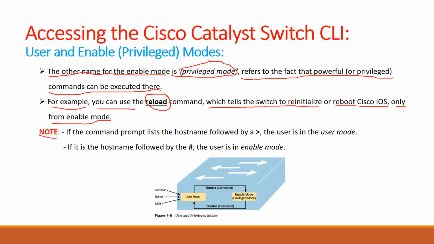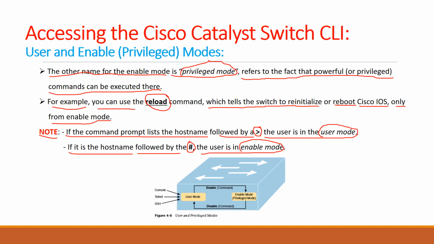There is a note here. If the command prompt lists the host name followed by the greater than sign, the user is in the user mode. If it is the host name, the switch name, followed by the hashtag, the user is in the enable mode.